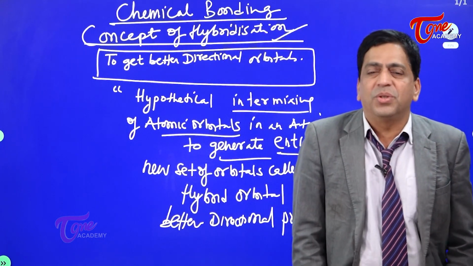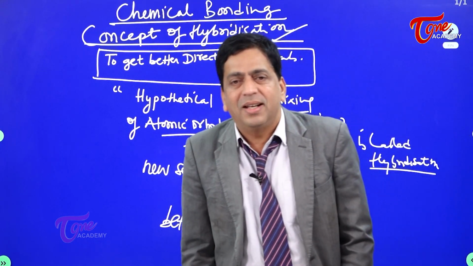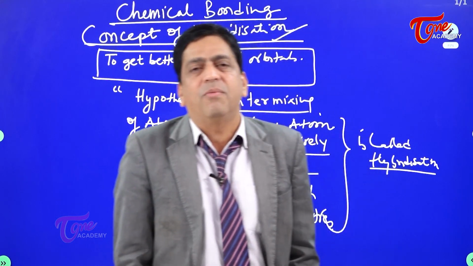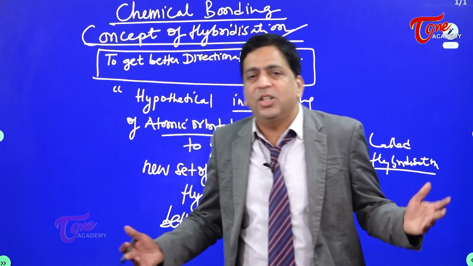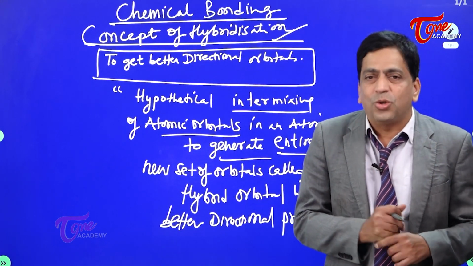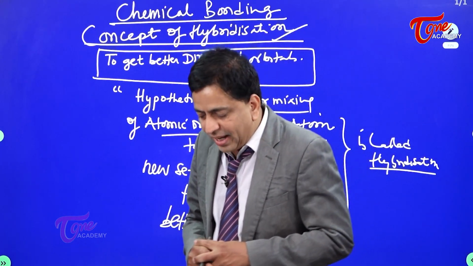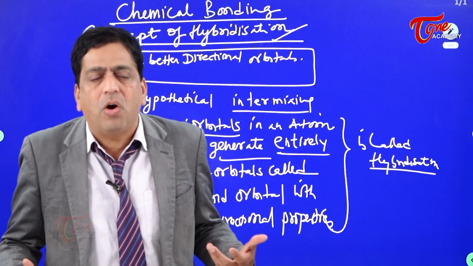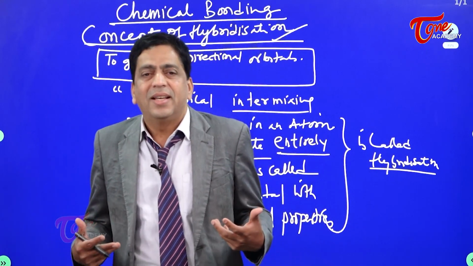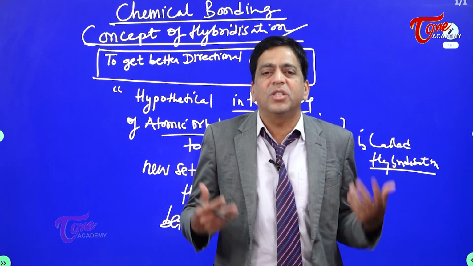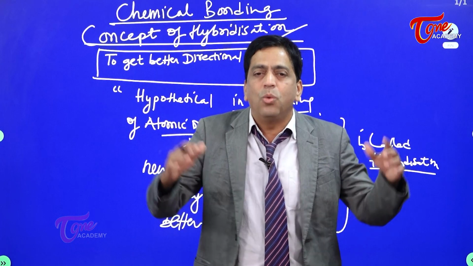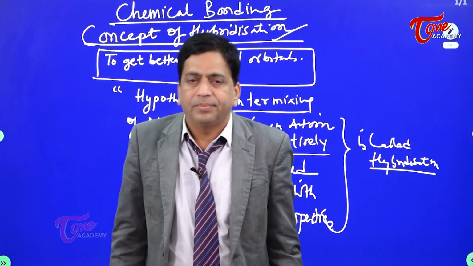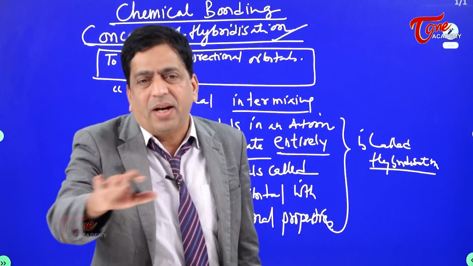We are not in a position to determine at the eleventh minute from where and which direction you need to come. Then you face issues. So to rectify that, first of all, I must be ready for bonding. The orbitals must be ready for bonding, sitting in certain positions, fixed. Then invite the partner. That is a simple idea of hybridization.